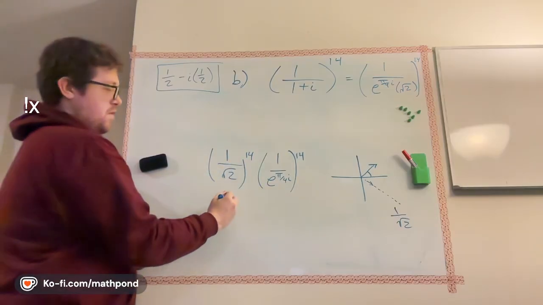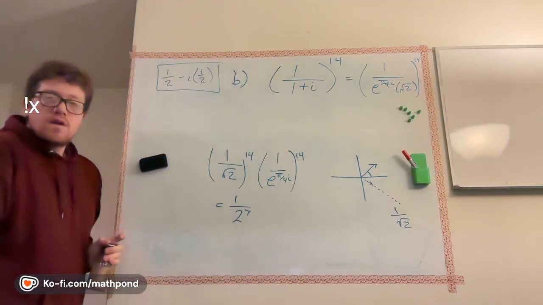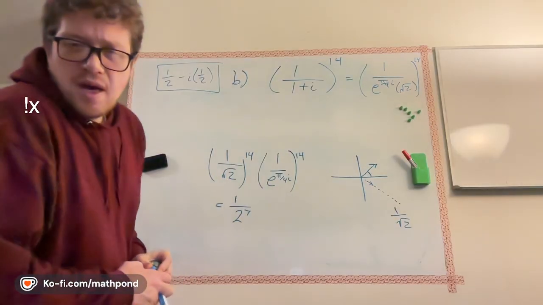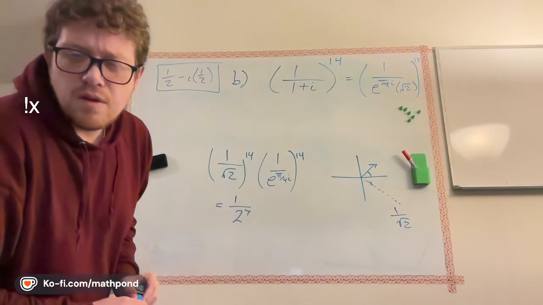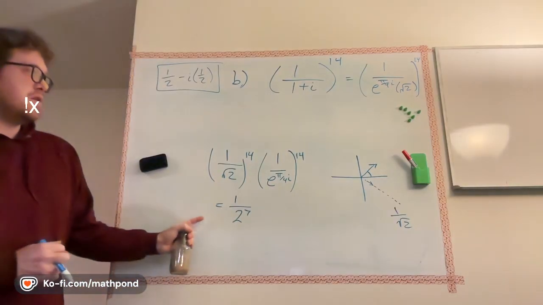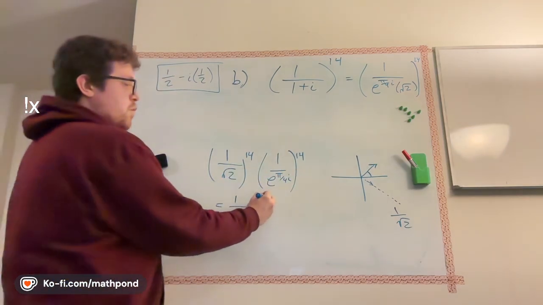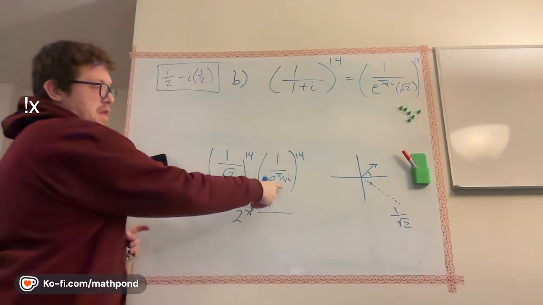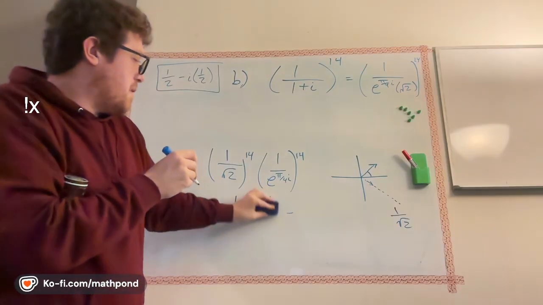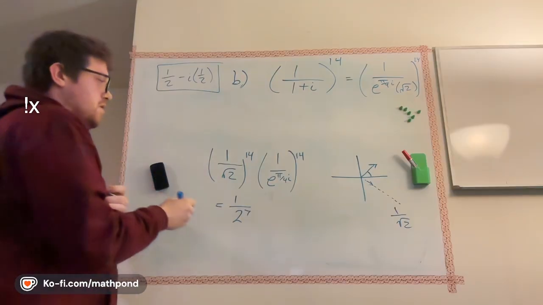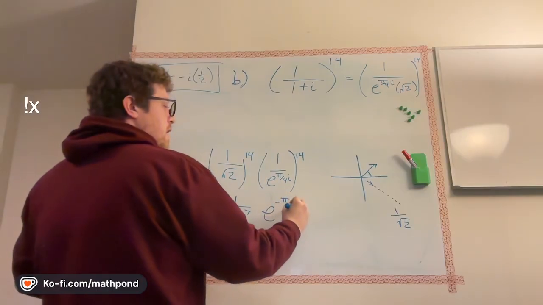So this is like 1 over 2 to the 7th, I think. Right? And then just do 1 over square root of 2 to the 14th. Right, that's what I'm doing here, right? And then, so what is this part? So it's 1 over, well, 1 over this could just be negative, right? So we can just think of this as a negative power. So this is e to the negative pi over 4i to the 14th.